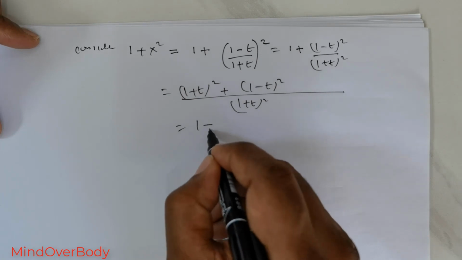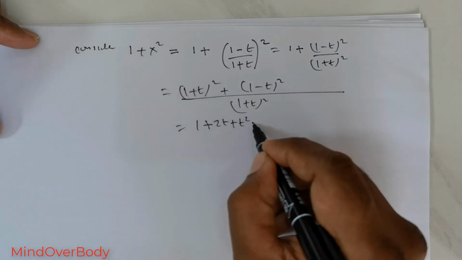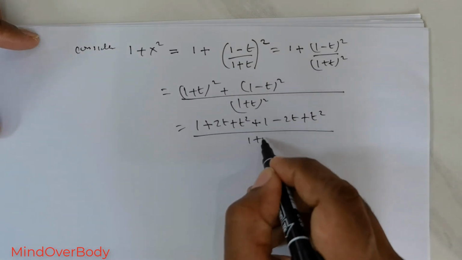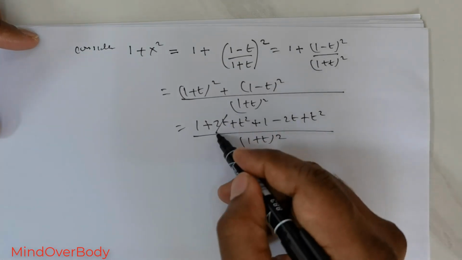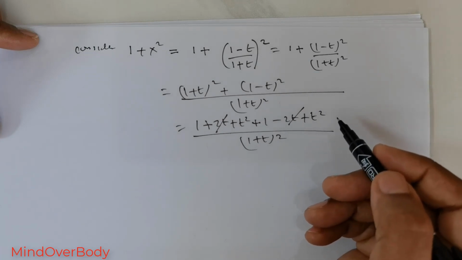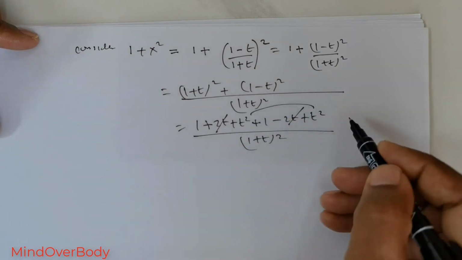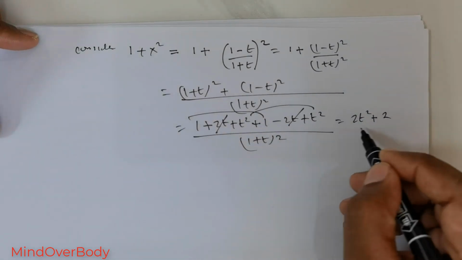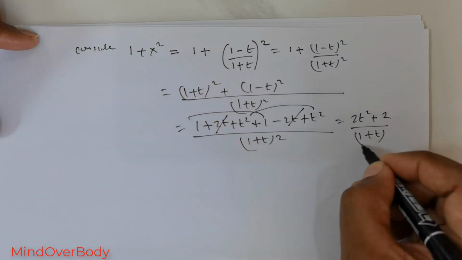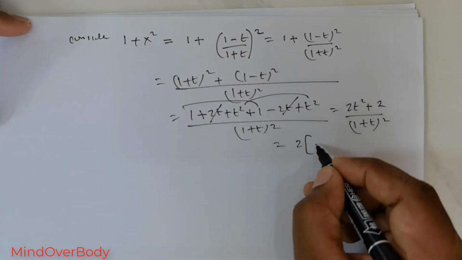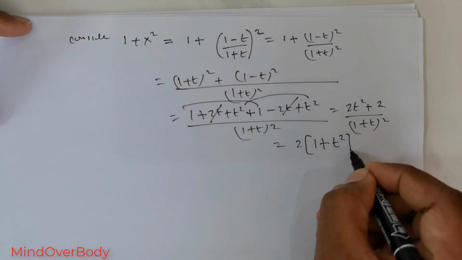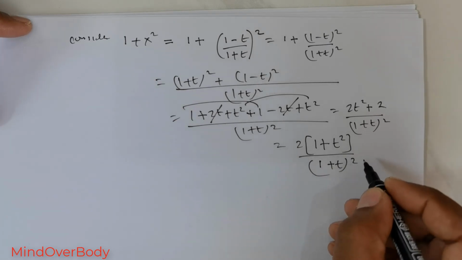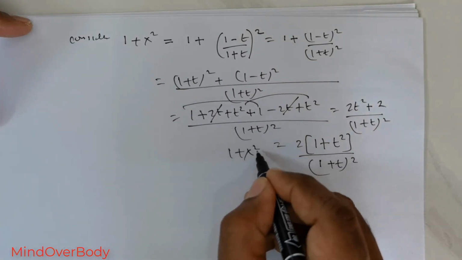Simplify this: 1 + 2t + t² + 1 − 2t + t² divided by (1 + t)². 2t − 2t goes off, and t² can be added. So 2t², 1 added with 1, 2, divided by (1 + t)². I can take 2 out, I get 2(1 + t²) divided by (1 + t)². All this for 1 + x².